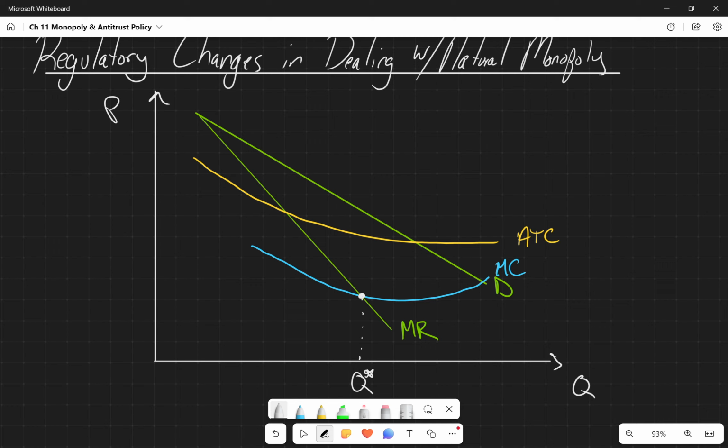They're not going to pick a price there because that's not where the demand curve is. They're going to go up to the demand curve and look at what the willingness to pay is of consumers given that amount available. And again, this is the only amount available because they are the monopolists. So they're going to set this as P star.